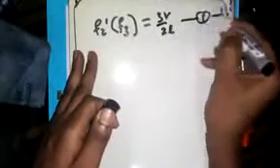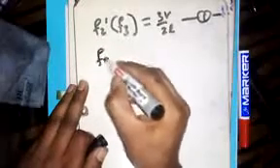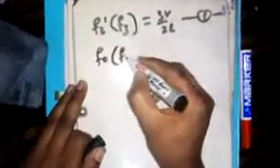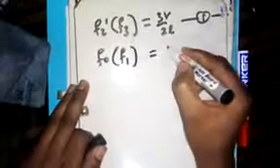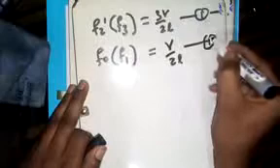Call this equation 1. But we also know that the fundamental frequency, which is the same as the first harmonic, is equal to v over 2L. Call this equation number 2.